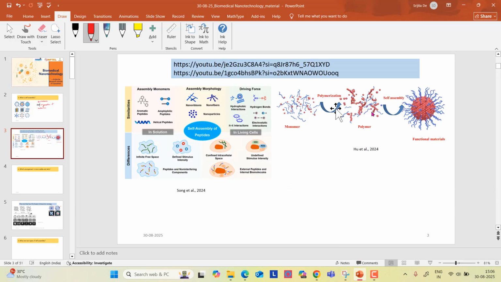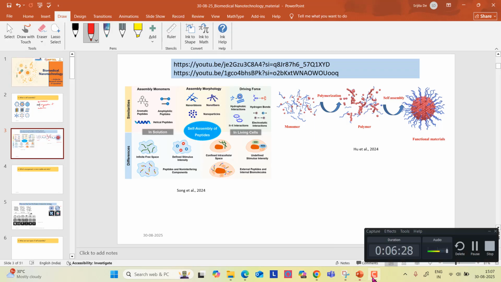Here one example is given: there are some monomers and these blue chains are some stabilizers. When the polymerization happens, these monomers will form the polymeric chain, and the stabilizing agents will self-assemble around the polymeric functional material, and they will help in forming a stable colloidal solution.